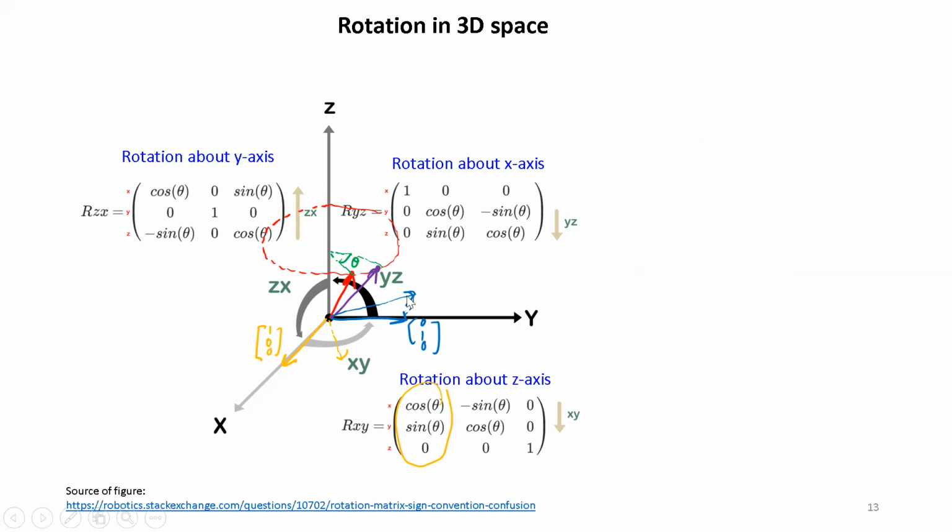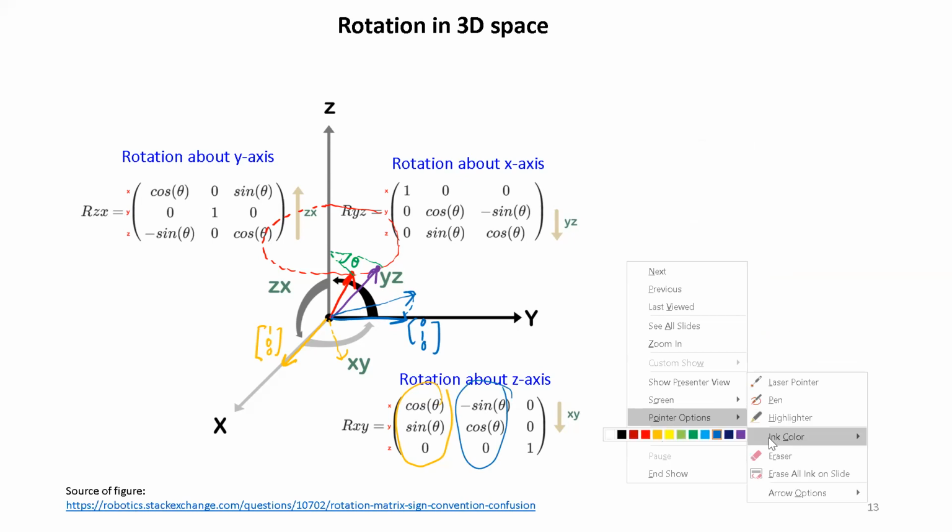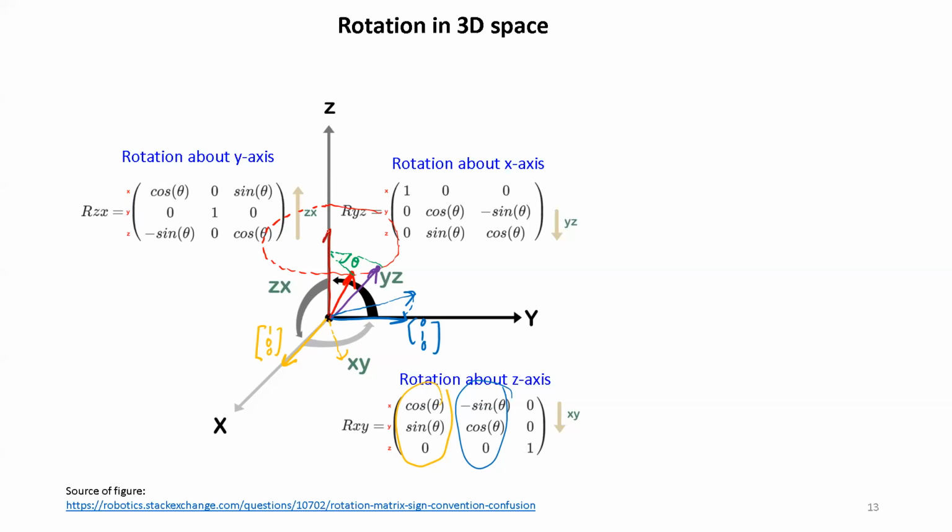But again, this rotated vector, and maybe I'm not drawing it very well, but this rotated blue vector is still lying on the XY plane, right? And that is given by this. So finally, if you want to consider this one, the 0, 0, 1. How does that rotation affect this?